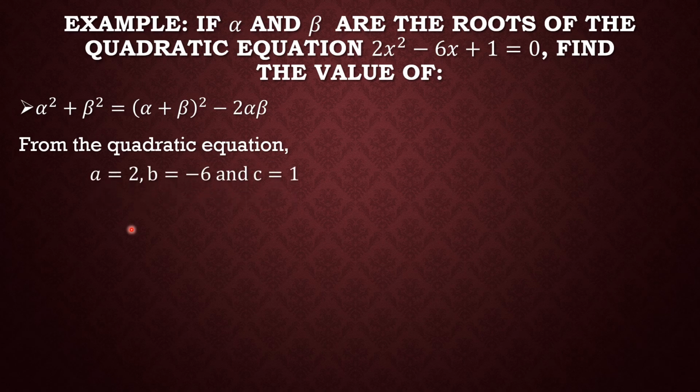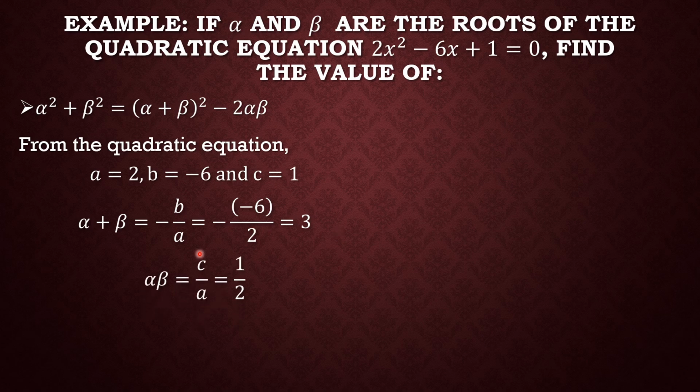So what are we going to do? From the equation, we have a to be 2, b to be minus 6, and c to be equal to 1. So here we have to remember that per our analysis, alpha plus beta, the sum, is equal to minus b over a. So we substitute the b and the a, and we end up getting an answer to be 3.